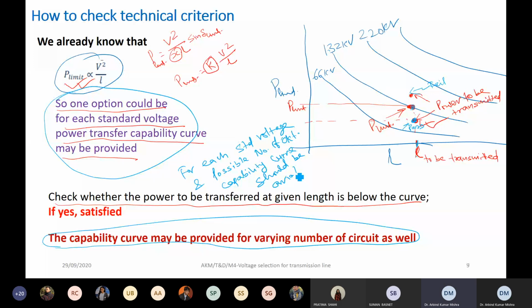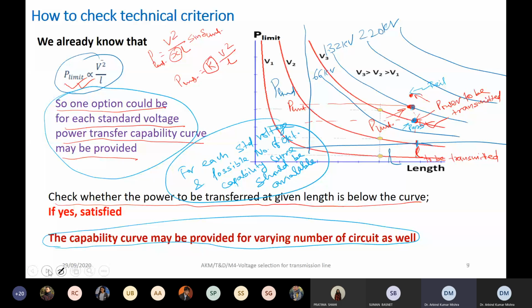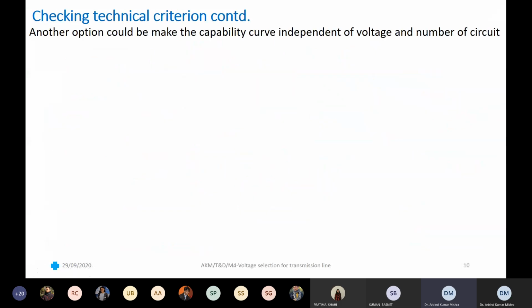It's too much data. So I am thinking, and not only me, several designers and experts are thinking, is it possible to minimize this data? Another method they have thought of: we had the expression P limit equals some constant K times V square by L, right?